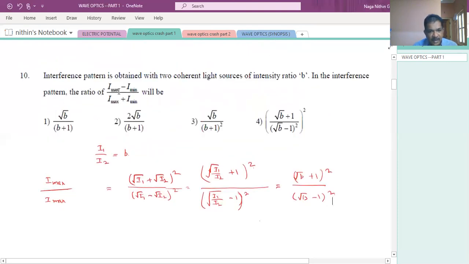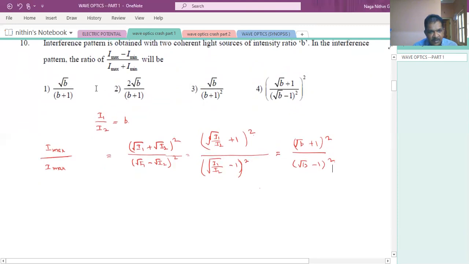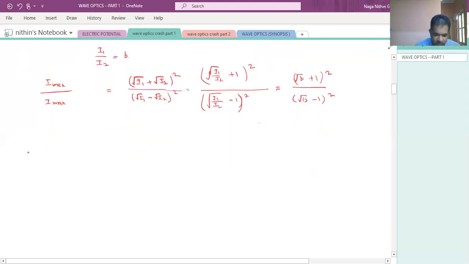Here they are asking (I maximum minus I minimum) divided by (I maximum plus I minimum).